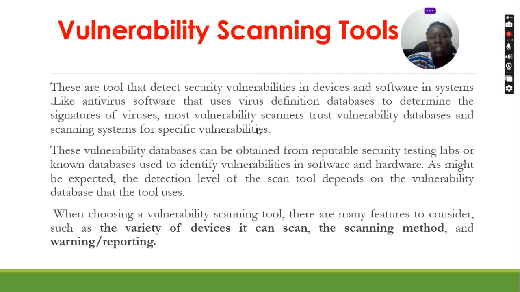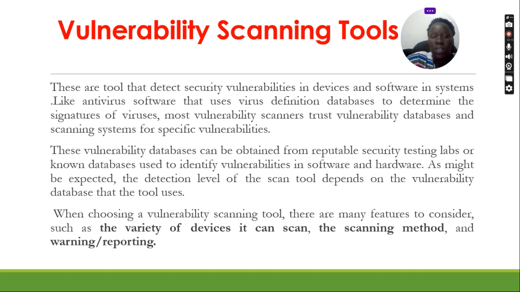Most vulnerability scanners trust a vulnerability database and scan systems for specific vulnerabilities. These databases can be obtained from reputable security testing labs or known databases used to identify software and hardware vulnerabilities. As might be expected, the detection level of the scan tool depends on the vulnerability database that the tool uses.